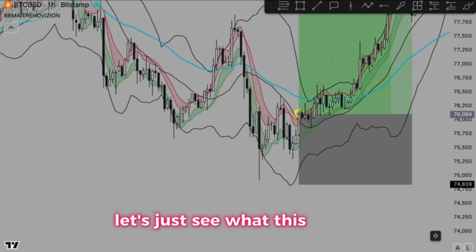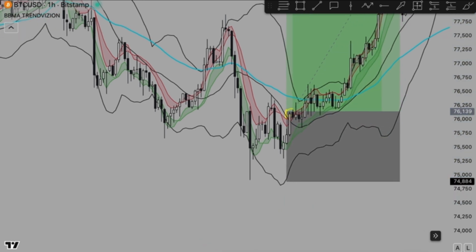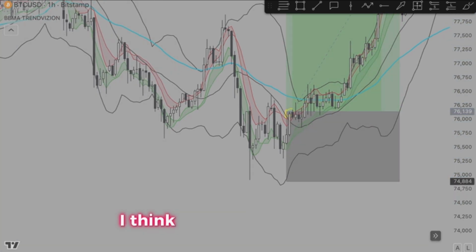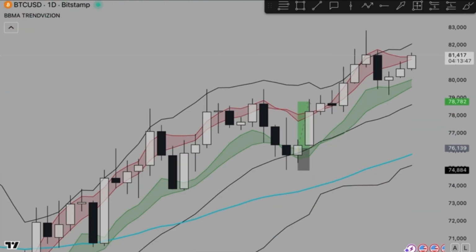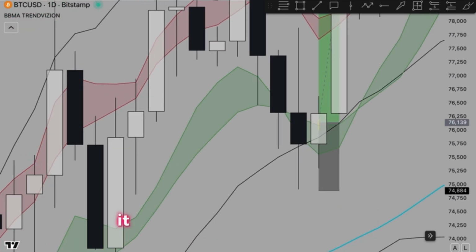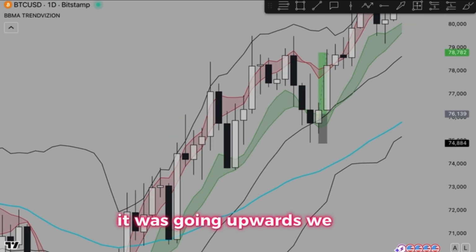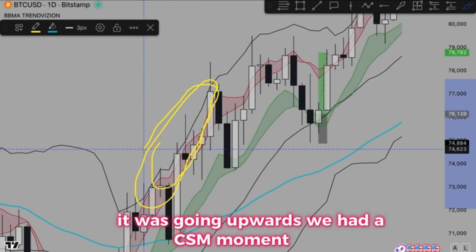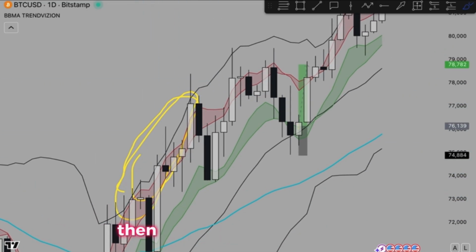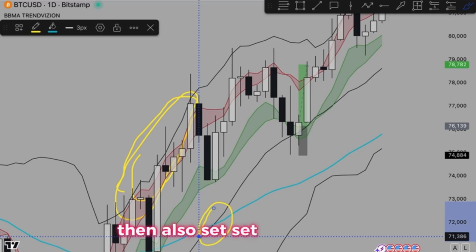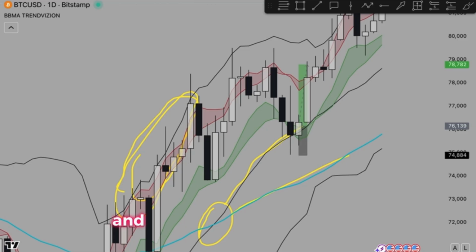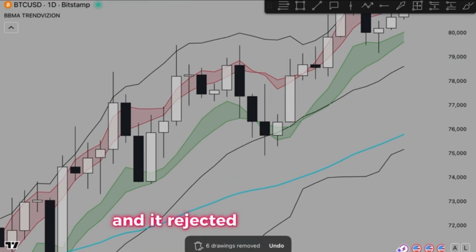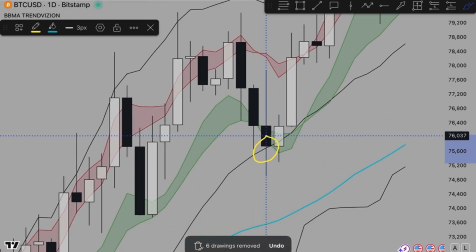Let's just see what this area was right here. I think on the daily we will see more clarity. So yeah, as you can see, it was going upwards. We had a CSM moment here, then also ZZL going in here, EMA below the mid BB, and it rejected the mid BB right here.